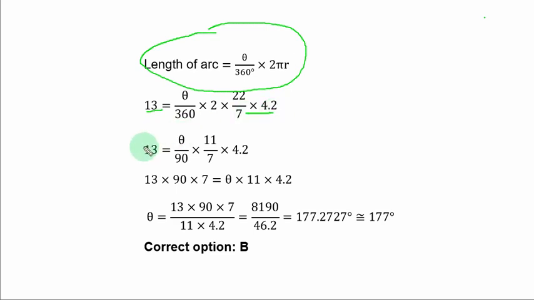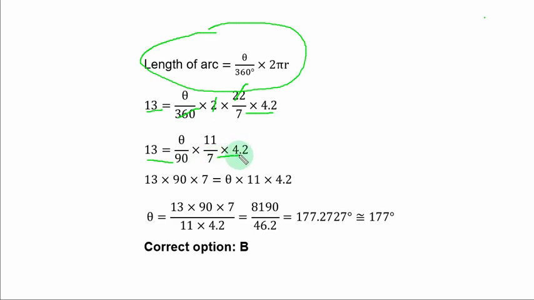If you cancel out, you have 13 equal to theta over 90 first. 2 reduces this to 180, then 2 reduces this to 11 and reduces 180 to 90. So you have theta over 90 equal to 11 over 7 times 4.2.